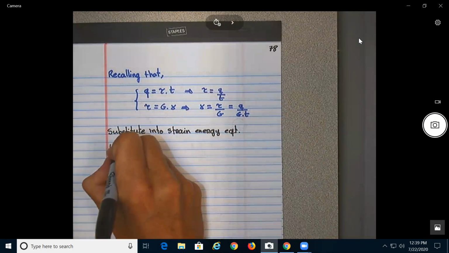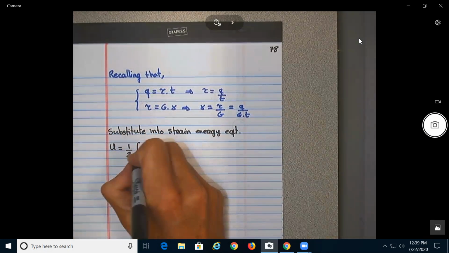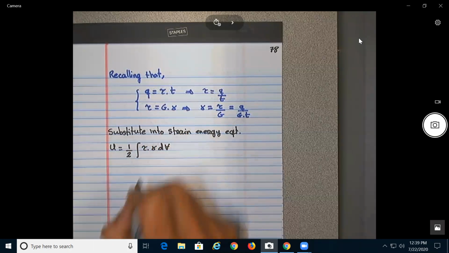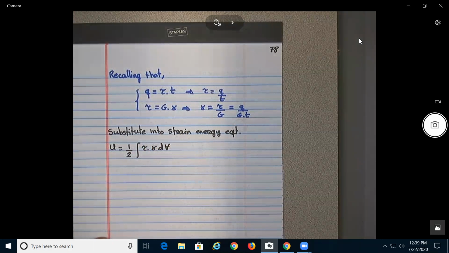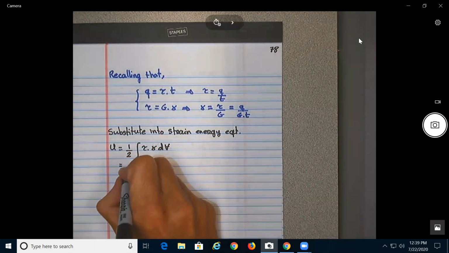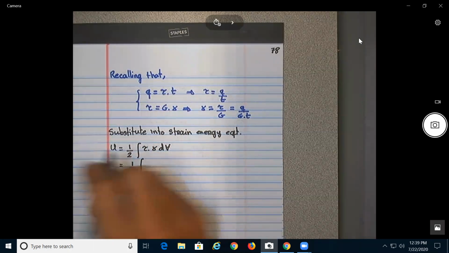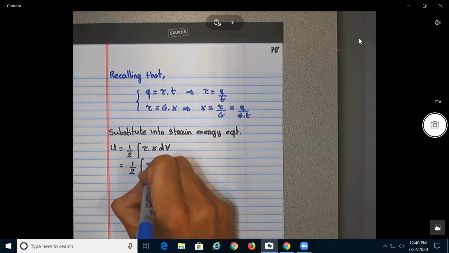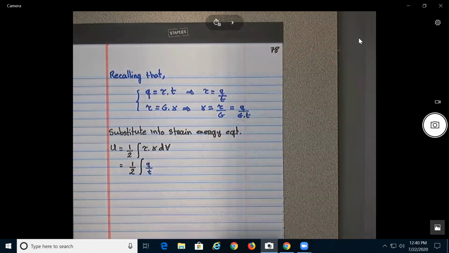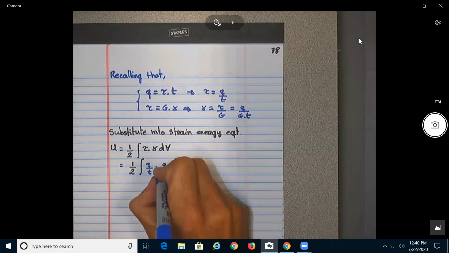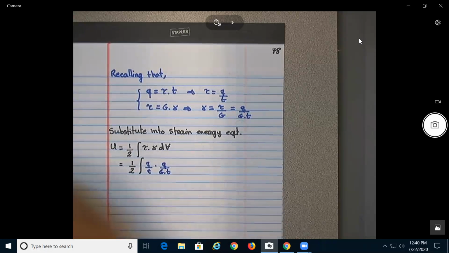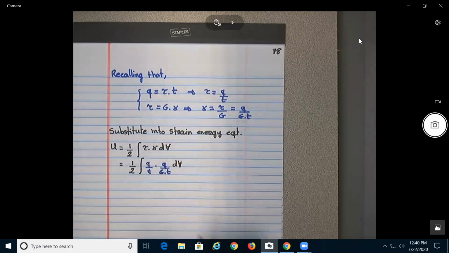So U equal to 1/2 integral of tau gamma dV will give us what? 1/2 integral of tau is equal to Q over T times Q over GT dV.